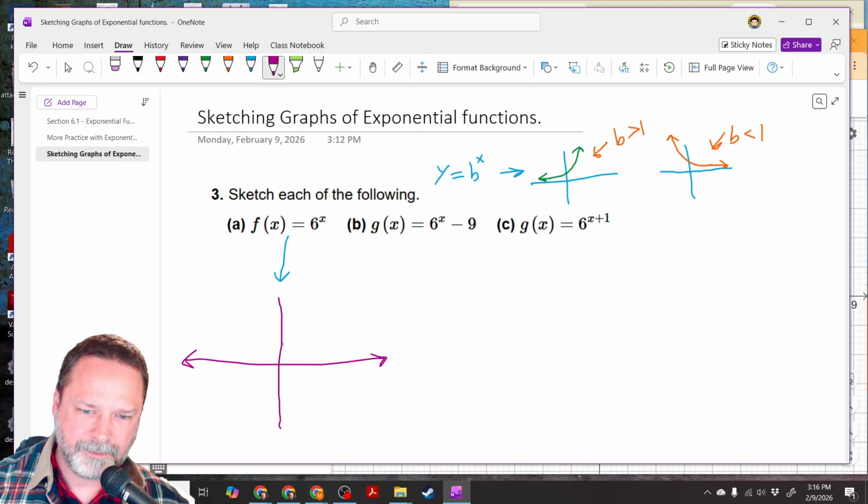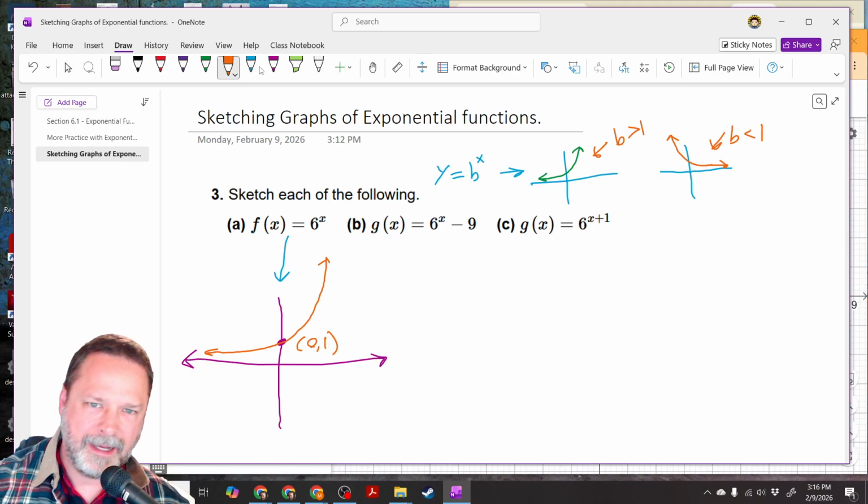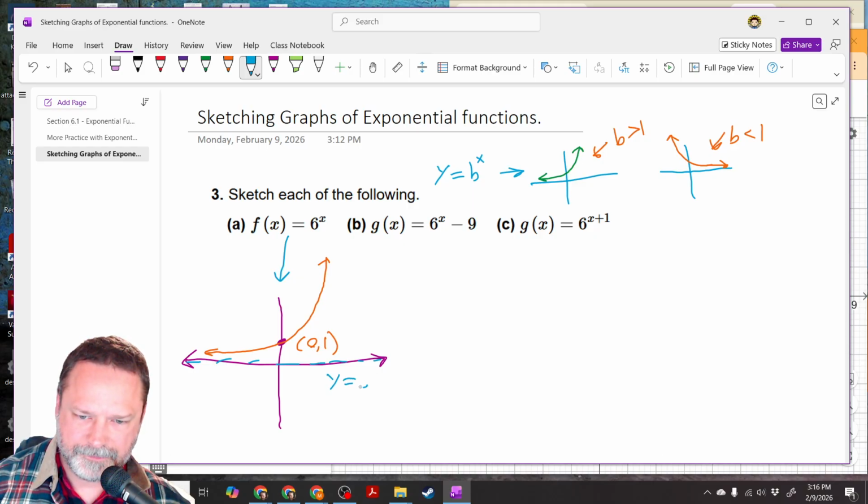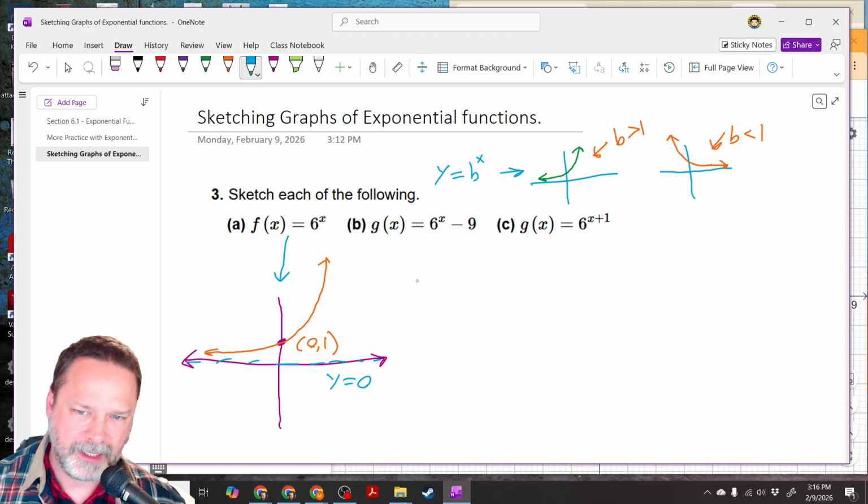And we've got this special point right there, (0, 1). We're going this way, then going through here, and going up and up and up like that. There we go. We have the point (0, 1), and we have a horizontal asymptote at y equals 0.